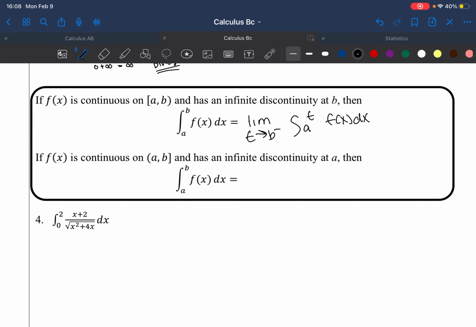And if the opposite is true, so if f of x is continuous on (a, b] and has an infinite discontinuity at a, then we say that the integral from a to b of f of x dx is equal to the limit as t approaches a from the right side of the integral from t to b of f of x dx.